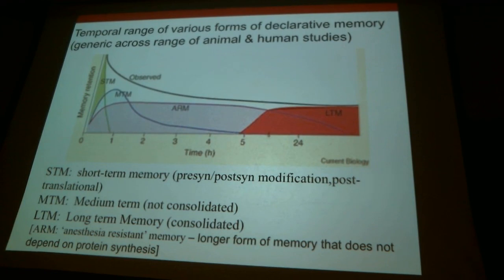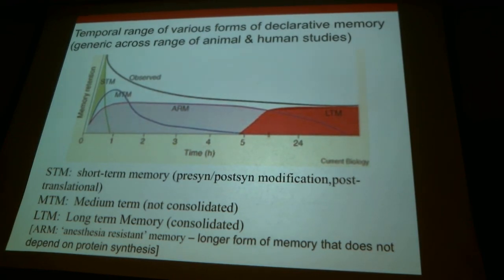And so you can divvy up memory in the same way with similar criteria. But this is not my favorite figure, because it's trying to summarize data across humans and Drosophila and rodent models and cram it all into one thing. So don't overthink this graph.